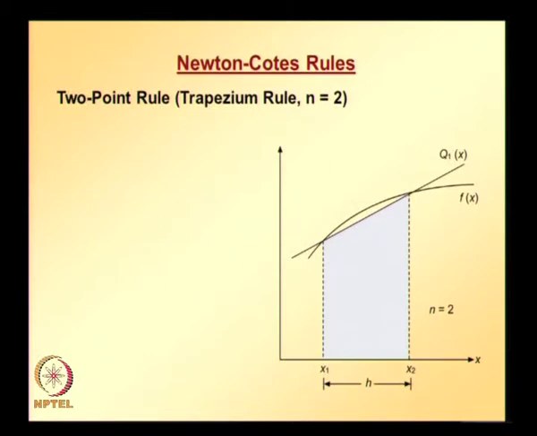So now let us look at 2-point rule or trapezium rule, where the function is going to be evaluated at 2 points. So n is equal to 2. Here in the figure function f(x) is shown.